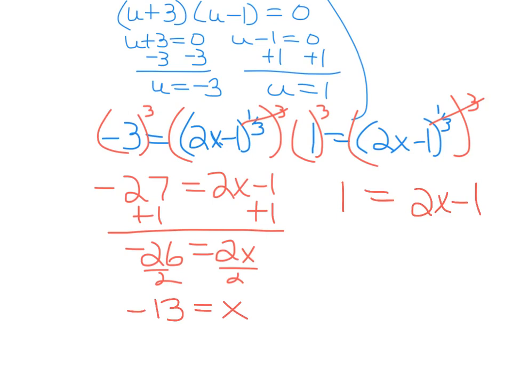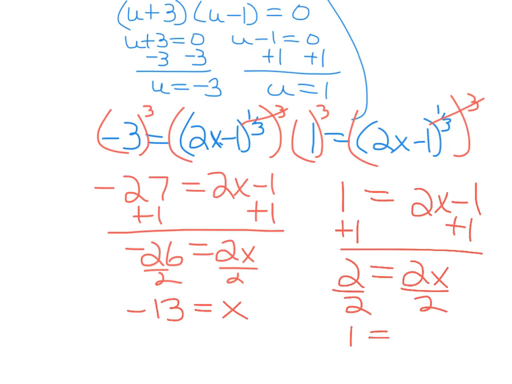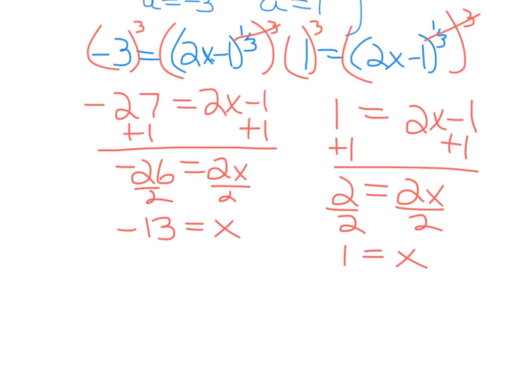Drop out the 2x minus 1. Add the 1. 2 equals 2x. Divide by 2. X equals 1. So x equals negative 13 and x equals 1. Again, it was a cubed root, so we don't have to worry about the negative.